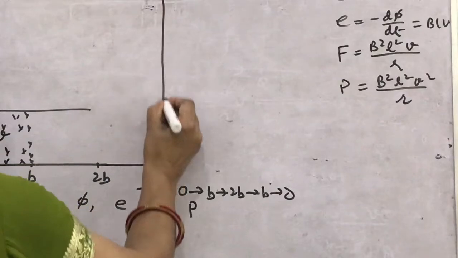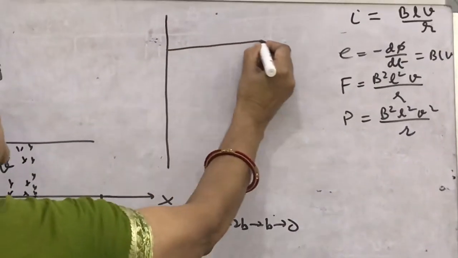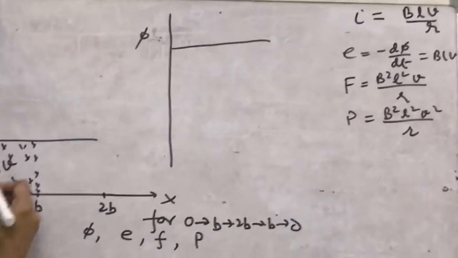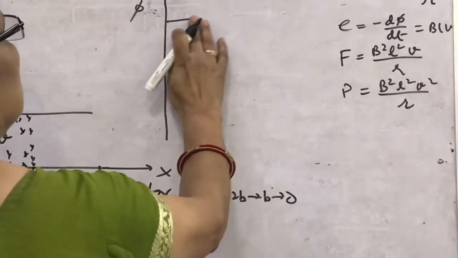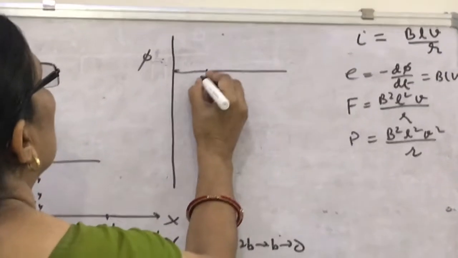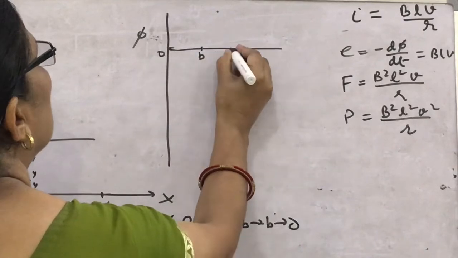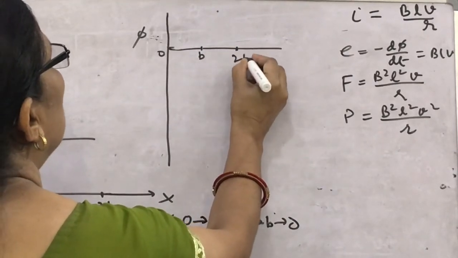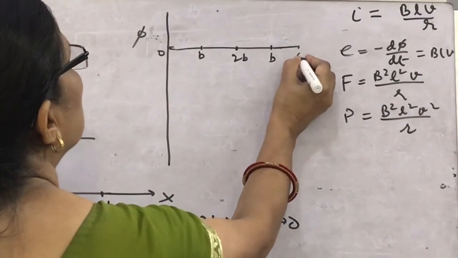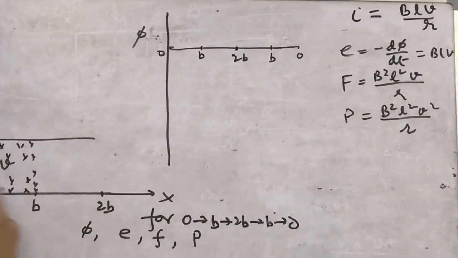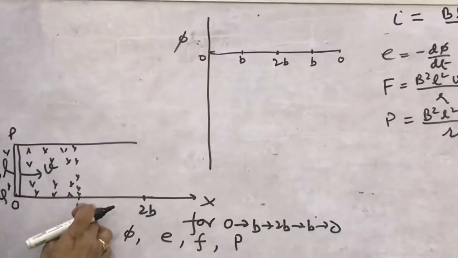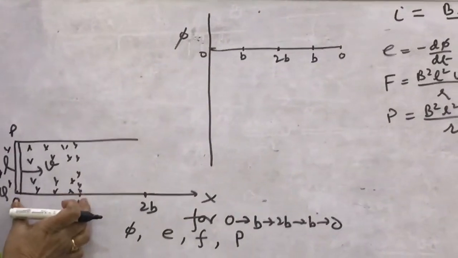Look here, if you take the flux first, how will you find it? Suppose this is the point O or 0, this is B, this is 2B, again you are going back to B, and then the rod returns back to O. Look at the motion. O to B, flux increases because area increases.